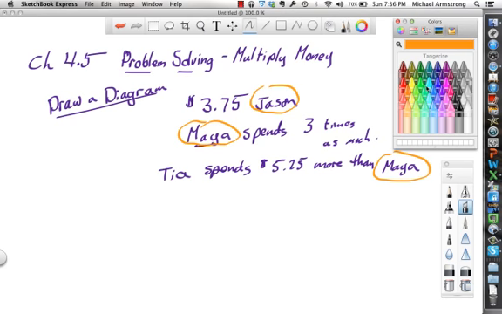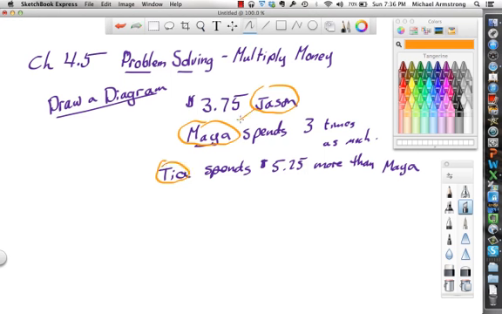Okay, so the question is, how much does Tia spend? All right, so we have to go from Jason to Maya, and then from Maya to Tia. There we go. Tia is our third person.